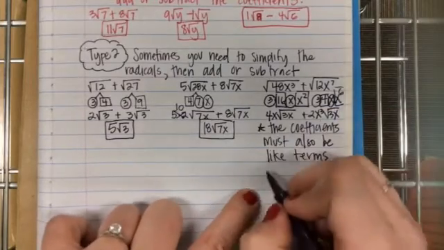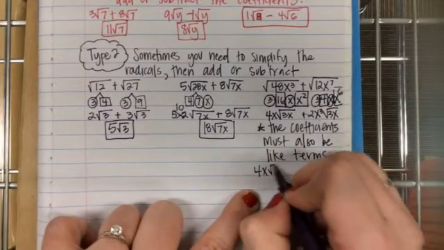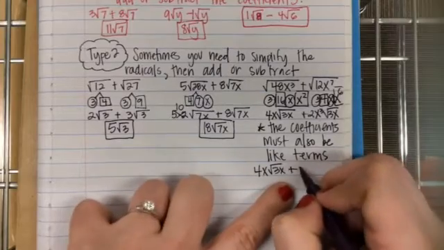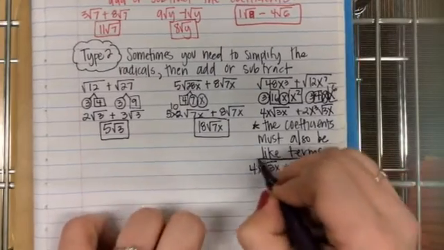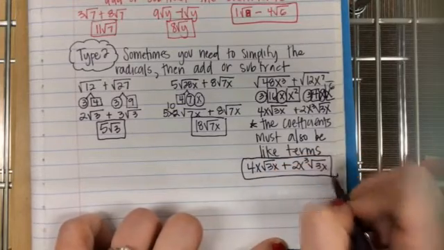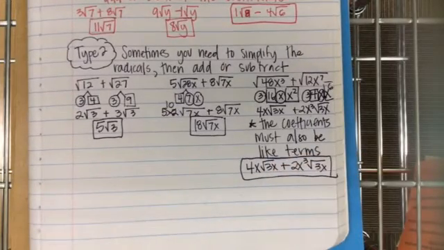So the answer to this problem is 4x radical 3x plus 2x to the third radical 3x. They cannot be combined because they're not like terms. So the coefficients also have to be like terms.